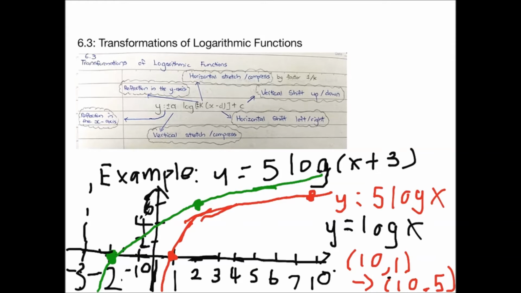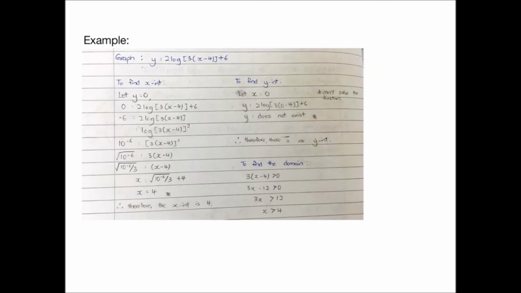Now, we move on to example 2, which is a harder question, and we have to solve it algebraically. The function will be y equals to 2 log bracket 3 bracket x minus 4 close bracket plus 6. To find the x-intercept, we have to let y equals to 0.